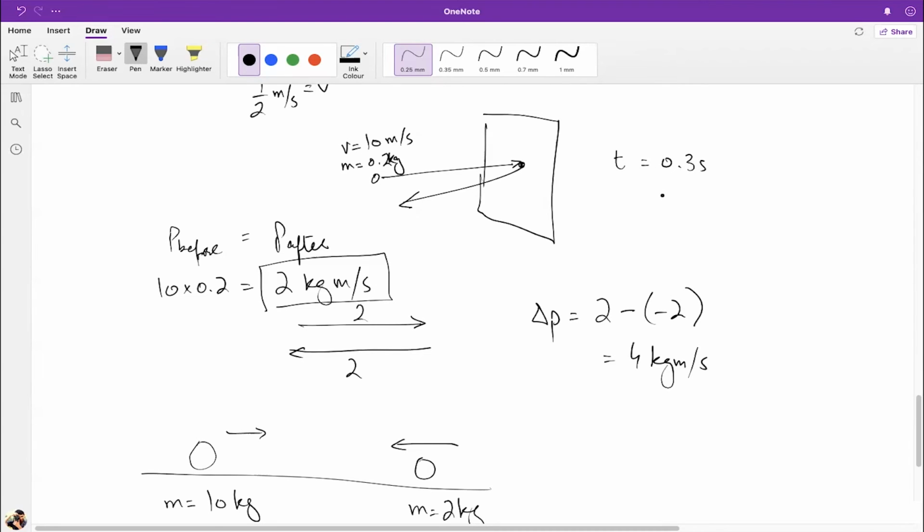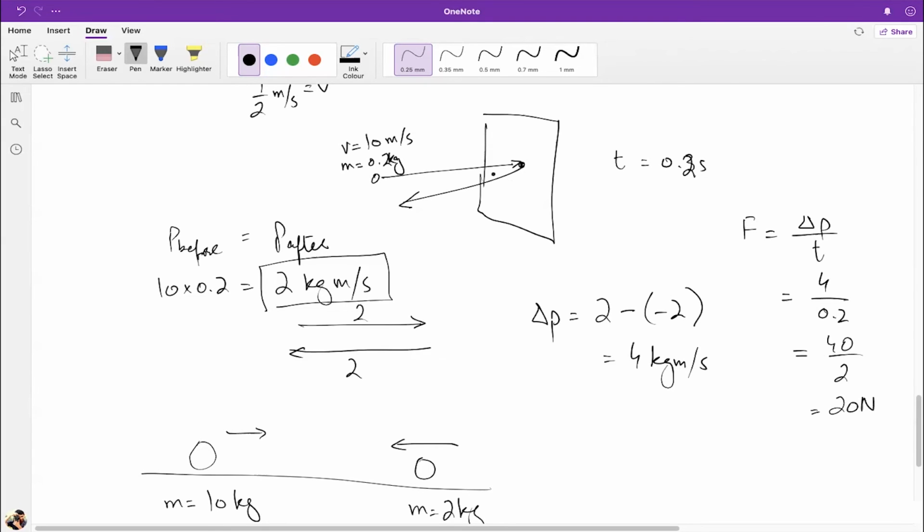That's a large amount of time. So 0.2 seconds, let's take. How much force is the ball experiencing when it hits the wall? So force is change in momentum over time. So that is going to be 4 divided by 0.2, which is 40 over 2, which is 20 newtons.